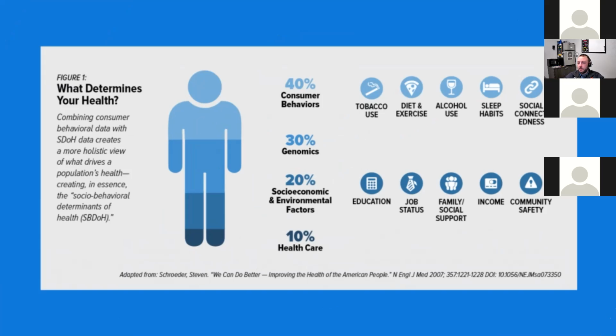And so if you see here, 40% of our health is based just on what we consume as consumers, right? So if we smoke, that is one of the biggest problems for health. Diet and exercise. If we're overweight, if we eat a lot of fast food, that causes a lot of issues with our health. Alcohol use, drinking excessively, drinking every night. Bad sleep habits, not getting enough sleep will definitely cause issues.